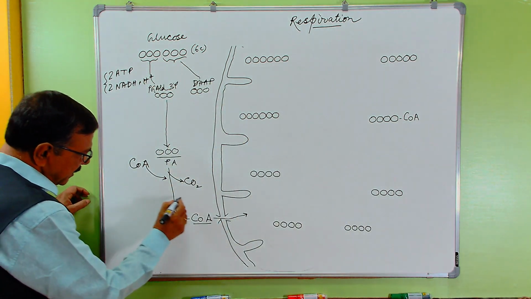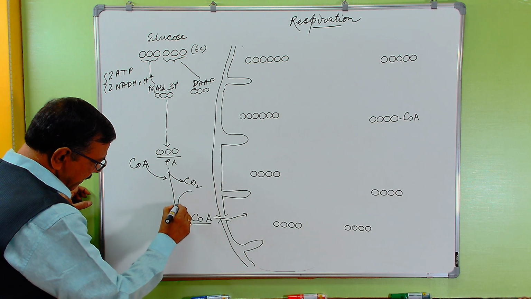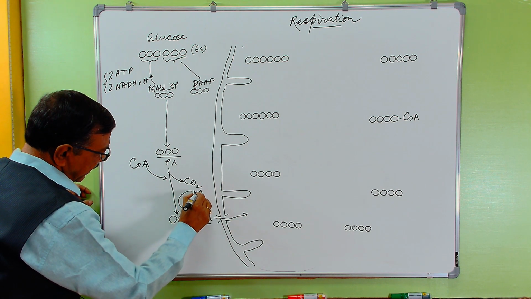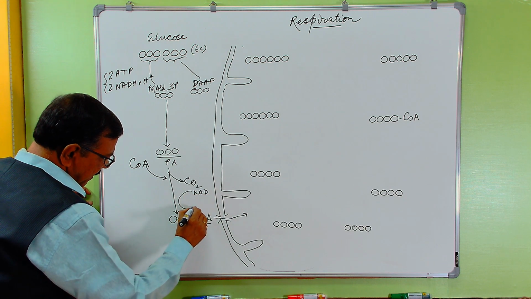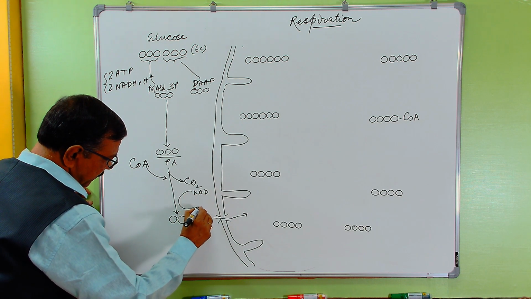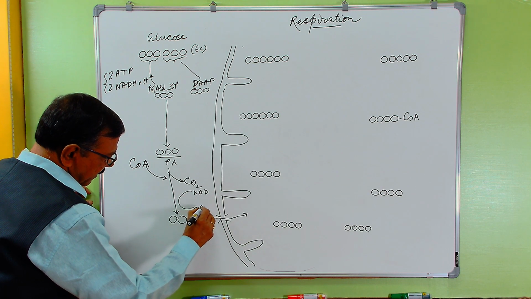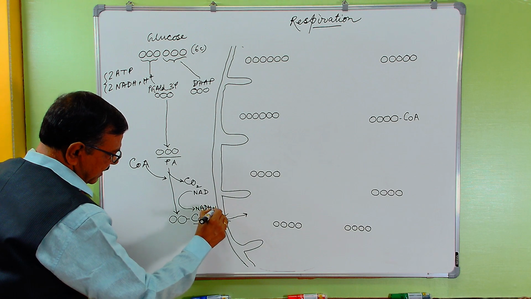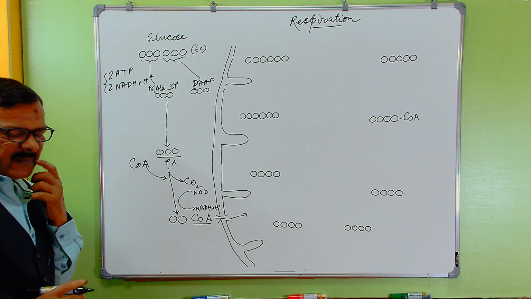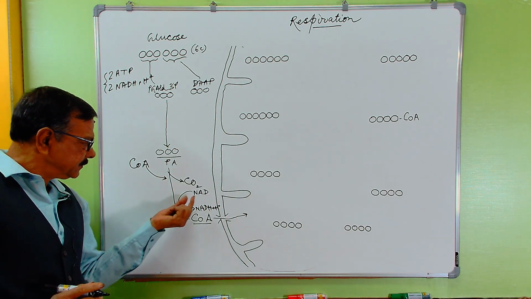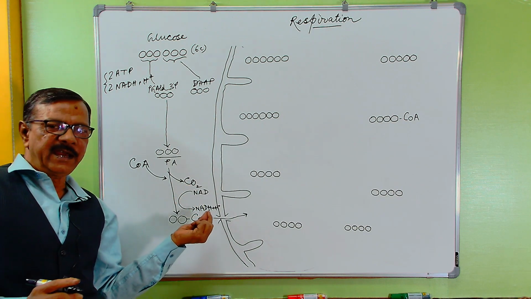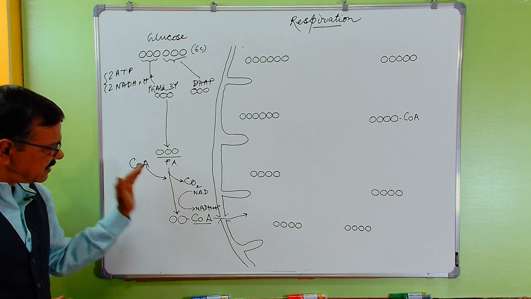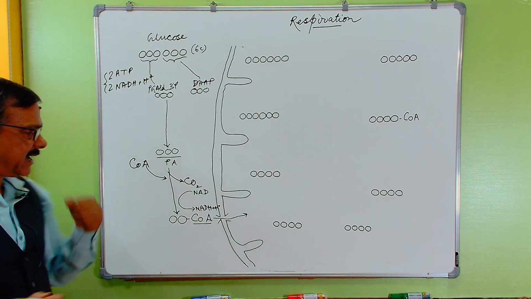Now this coenzyme, during this, NAD is reduced to NADH plus H plus. NAD is taking hydrogen, so NAD is reduced, and the substrate is giving out hydrogen, so it is oxidized.